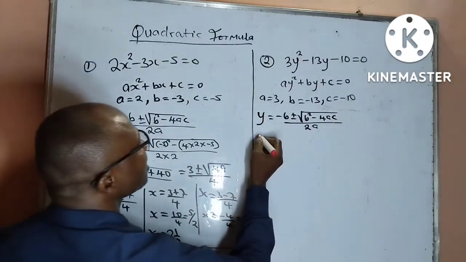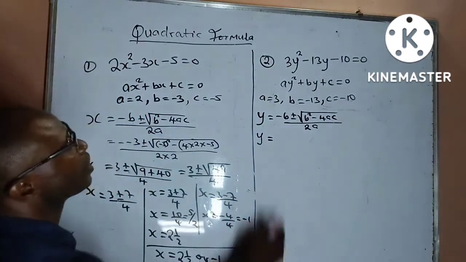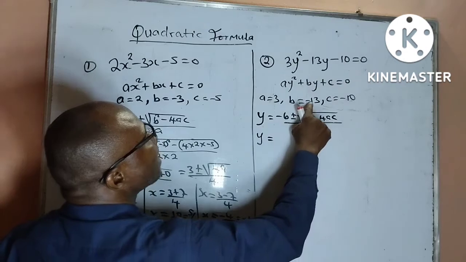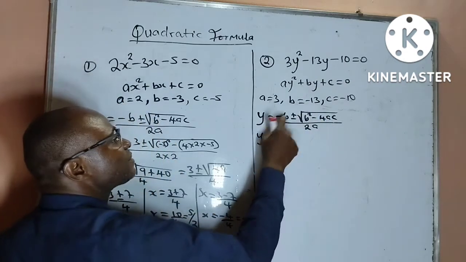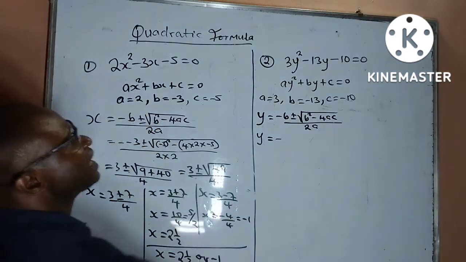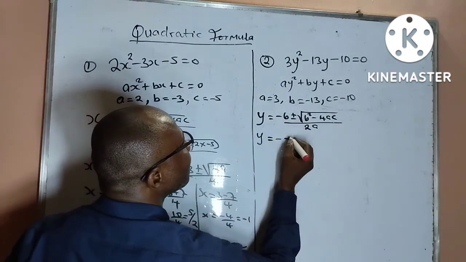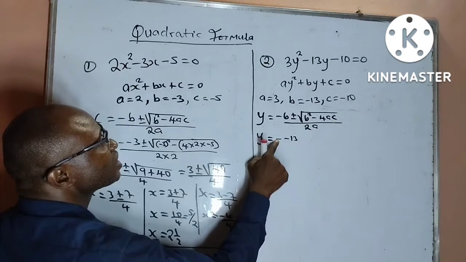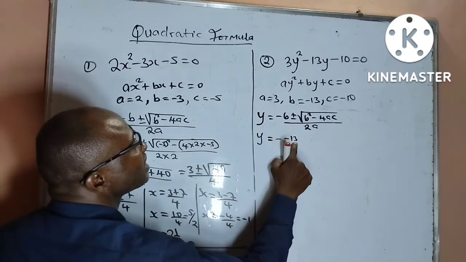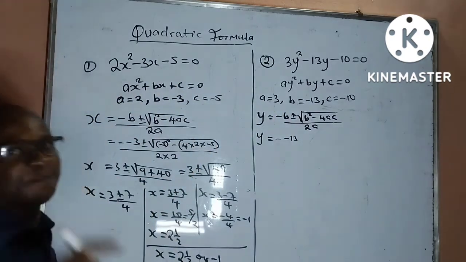Now, substitution next. I have y equal to minus b, but my b, see, there is minus in my formula. I put that minus. Then my b is minus 13. I also come to b and write minus 13. This minus is from the formula. So y equals minus 13 is the exact value of b.